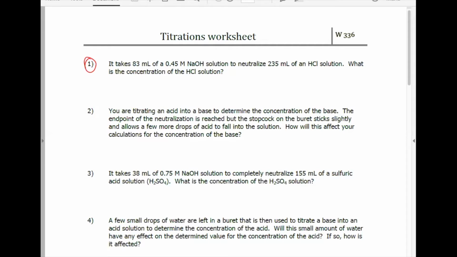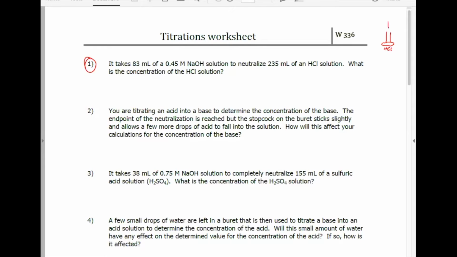A couple of things that we have to remember from titration, and I'm sure that you've seen this in the lab. I'm going to go all the way to the right over here, where we have a flask, right? And in this flask, we have an acid. Usually we don't know the concentration of this acid, like the case for problem one.